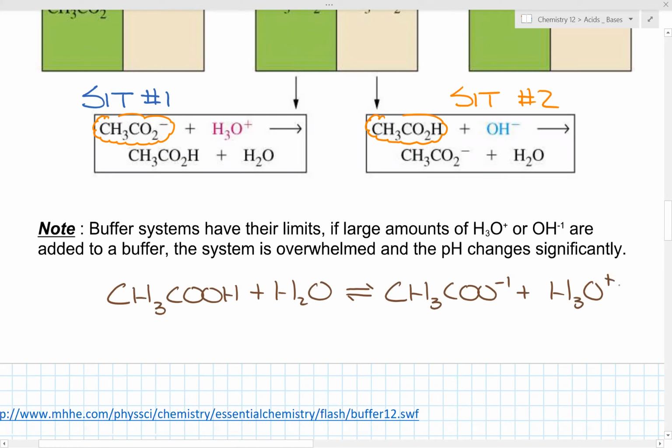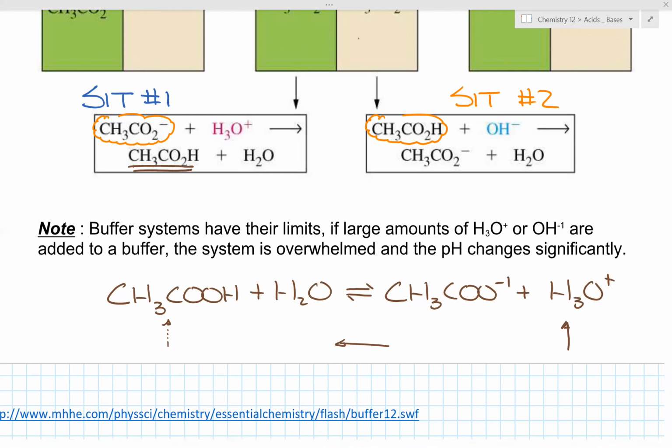Now, for situation number 1, if I increase the acid, doesn't the equilibrium shift, could I say equilibrium shifts to the left? Concentration of CH3COOH goes up. Yeah, notice how I wrote it here, you're producing CH3COOH.